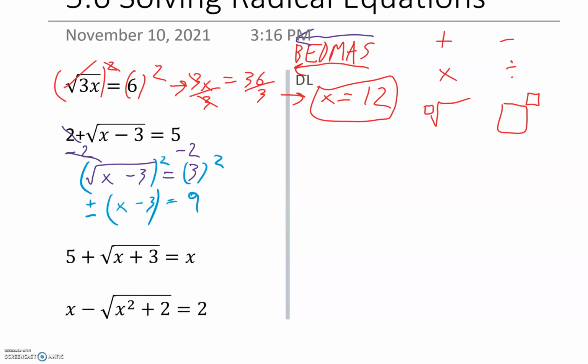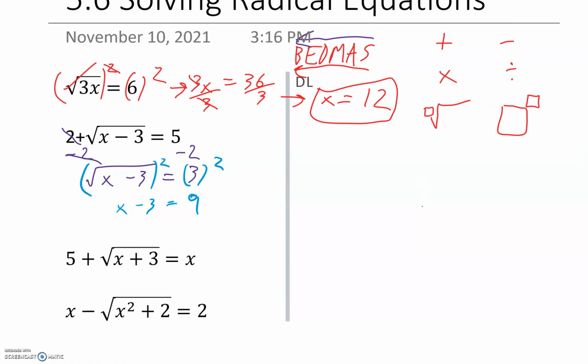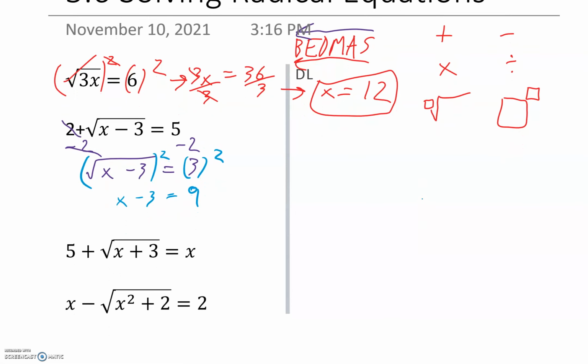But if it's negative, you would have a negative square root of 1, which is an imaginary number. So we can't have that. So it's not going to be relevant in this question. It has to be positive. But just keep it in mind in case it does affect your final answer. So anyways, we have x minus 3 equals 9.